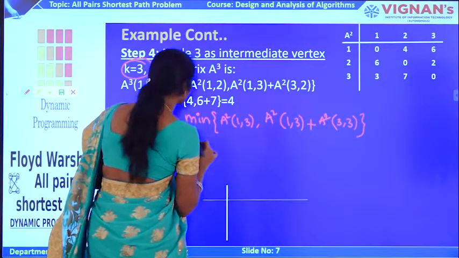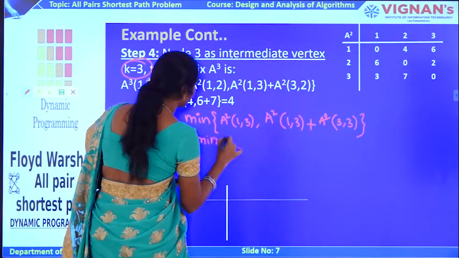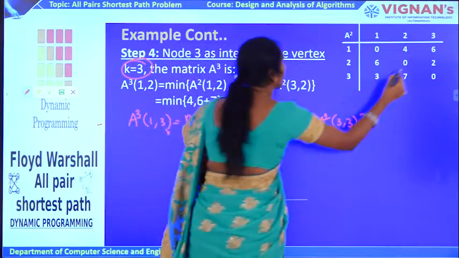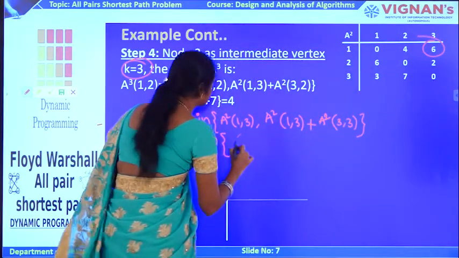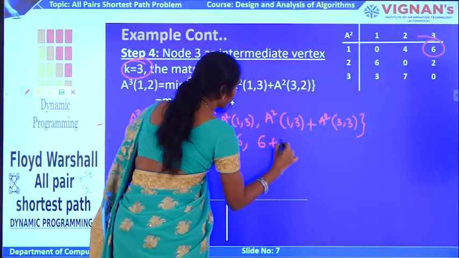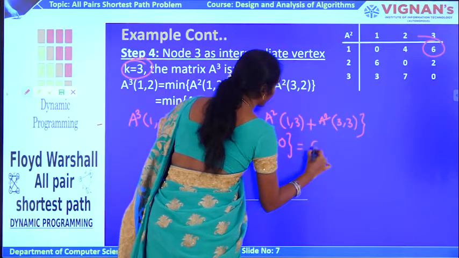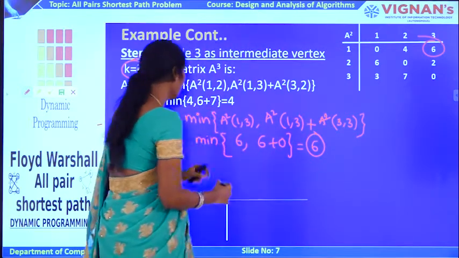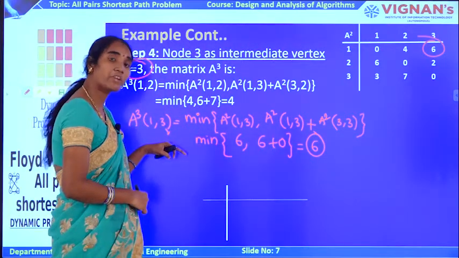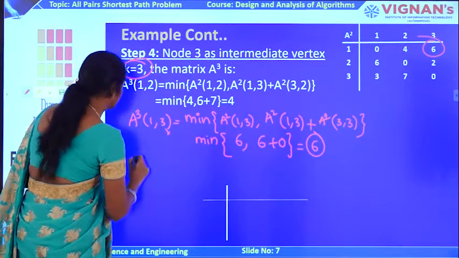So now what happens? Minimum of a2 of 1 comma 3, which is equal to 6, and 6 plus 0. So out of these two the minimum value is 6. So now finally a3 of 1 comma 3 value will be equivalent to 6.